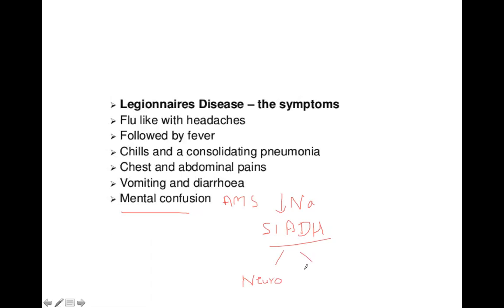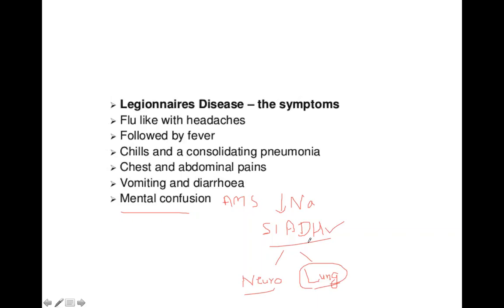Any lung abnormality, like pneumonia, acute respiratory failure, severe COPD attack, or cancer, small cell lung cancer specifically, can lead to SIADH. The pneumonia which mainly causes SIADH is Legionella pneumonia.